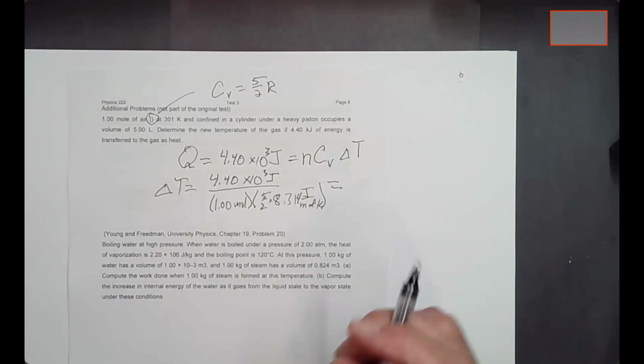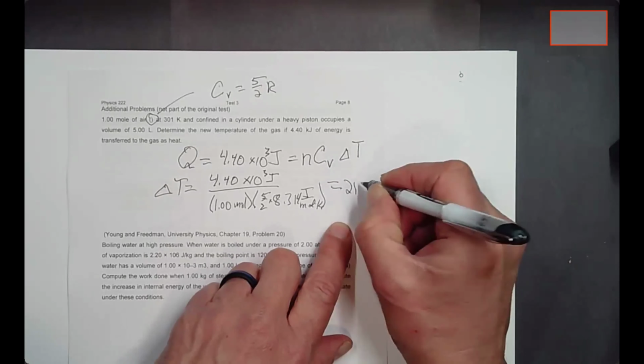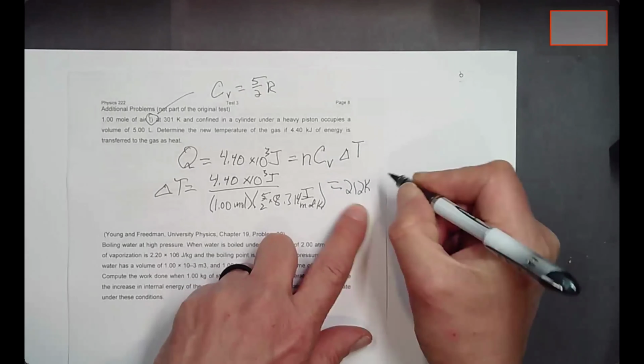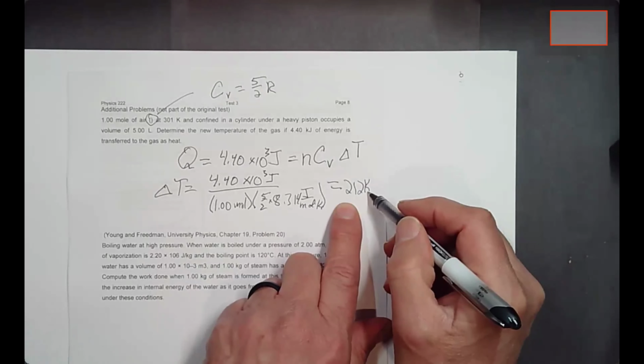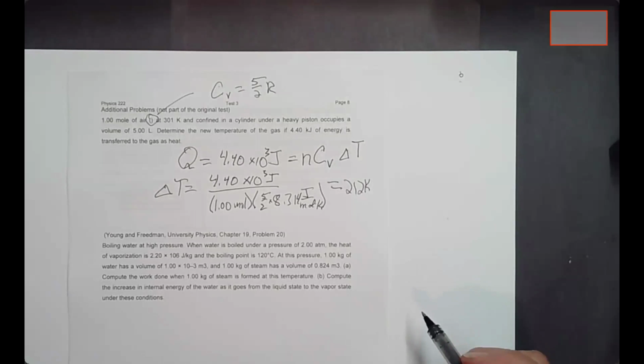Okay, and I get a temperature change of about 212 Kelvin. That's the size of the temperature change, and you just add that on to 301 Kelvin to get the new temperature. It looks to me like 513 Kelvin will be the final temperature.